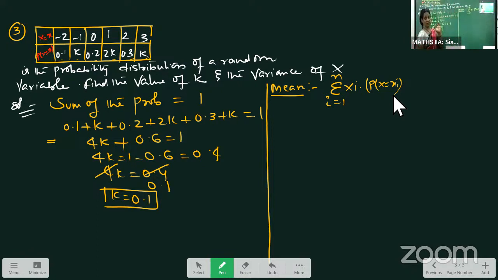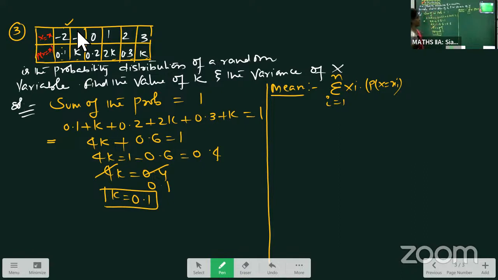But we have to write it in the elaborated manner. So xi means this one, and into p of x is equal to xi, this one. This into this, plus, this into this, plus, and so on, up to 3 into k. You understand the point of what I am writing?